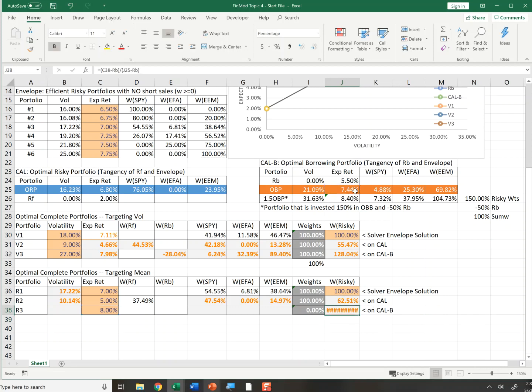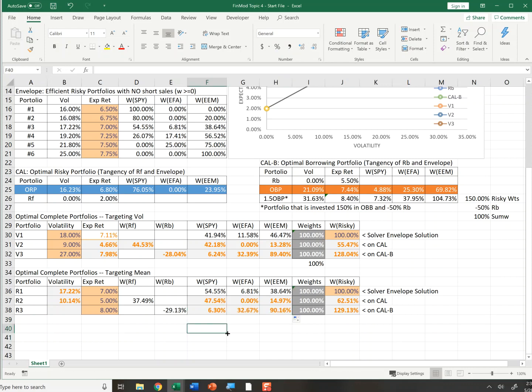So that portfolio is 129.13% invested in this portfolio right here. In other words, 1 minus that number is the amount of borrowing. I would take my 129%, anchor it, times the weight of SPY, EFA, and EMA in the optimal borrowing portfolio.